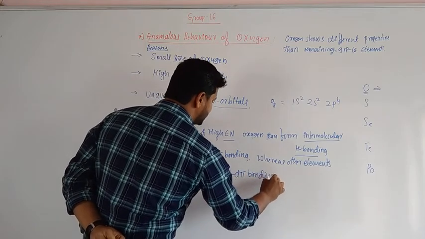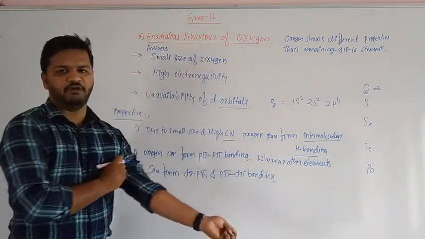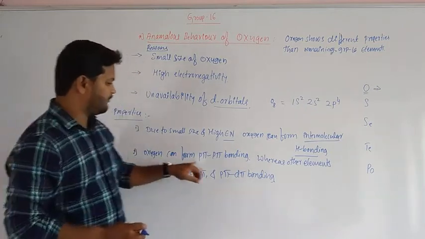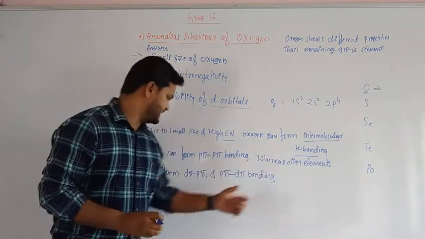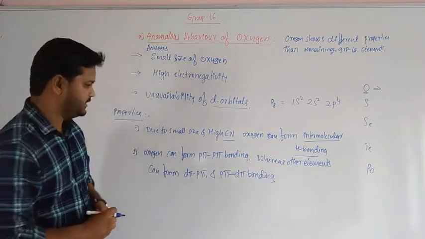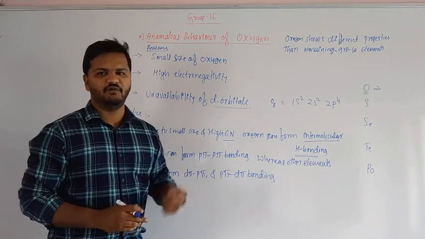The reason is due to unavailability of d orbitals in oxygen. Okay, oxygen can form p pi p pi bonding, whereas other elements can form d pi p pi and p pi d pi bonding due to unavailability of d orbitals.